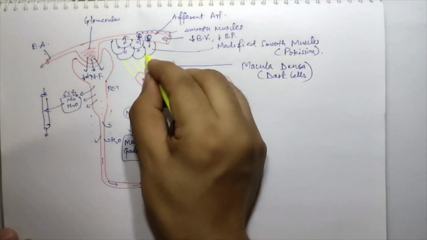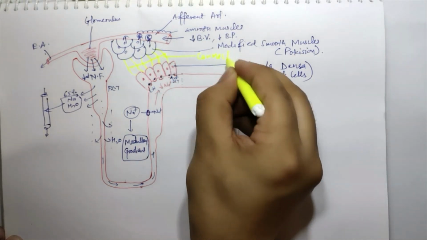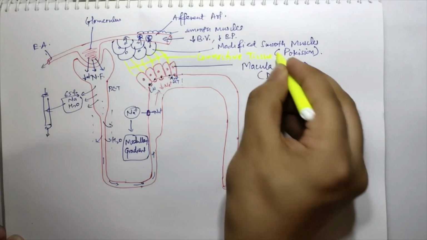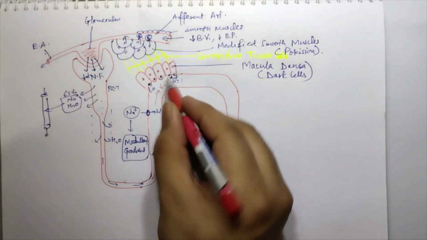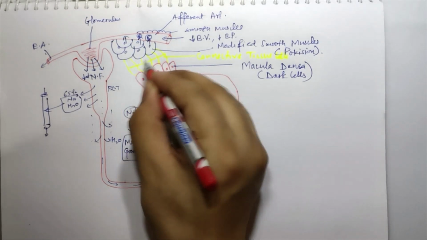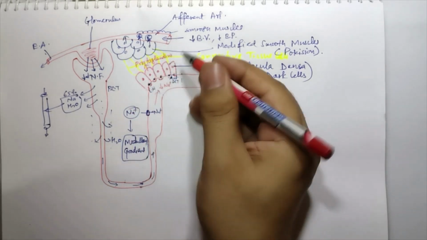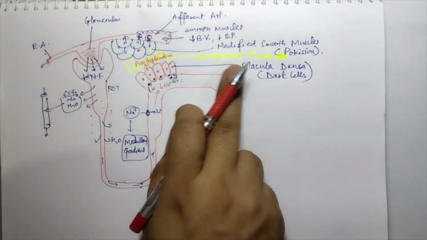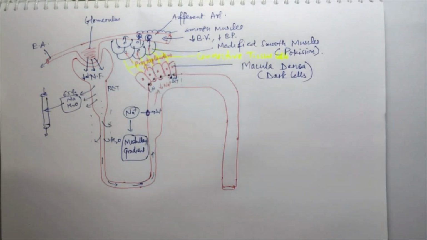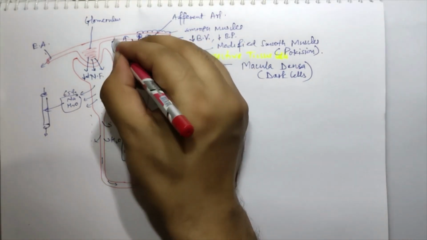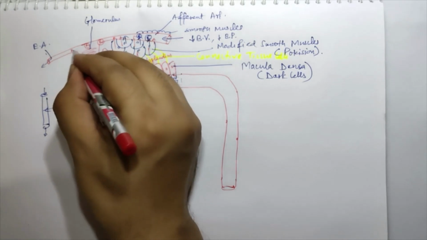with connective tissue cells. Subsequently, when low sodium ion concentration is received by these macula densa cells, they secrete prostaglandins, and these prostaglandins are carried through these connective tissue cells, and they are subsequently received by these modified smooth muscles, or juxtaglomerular cells, and they stimulate them to release more and more renin into the blood circulation.